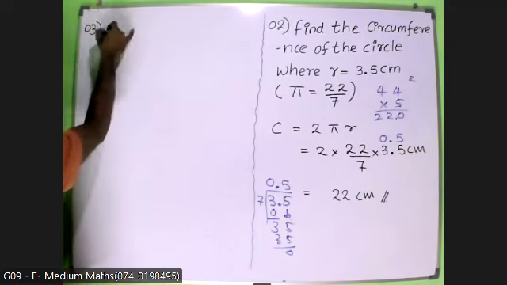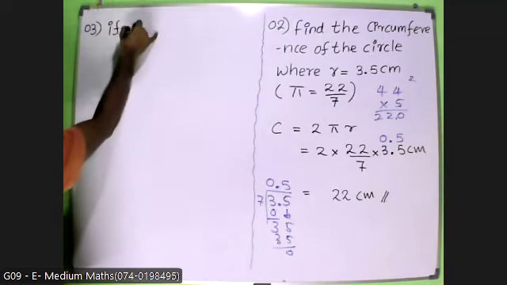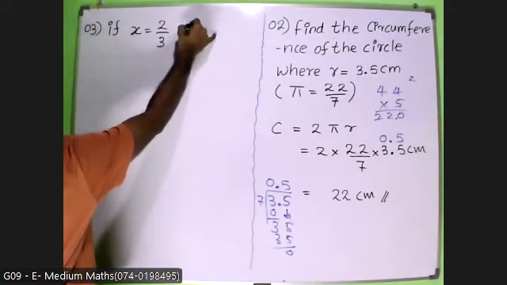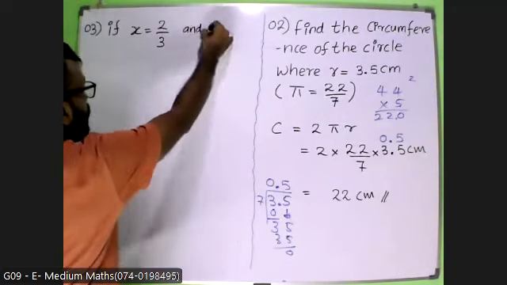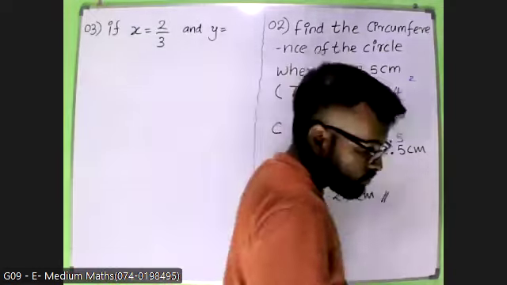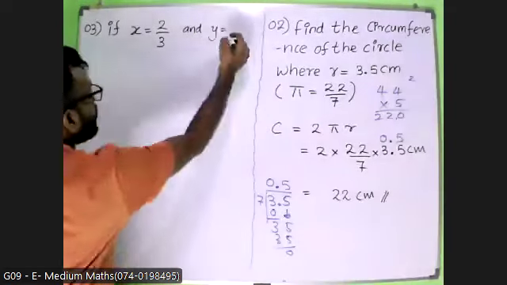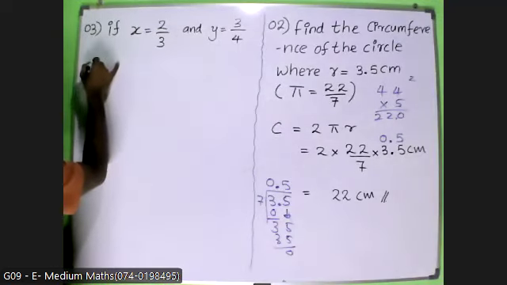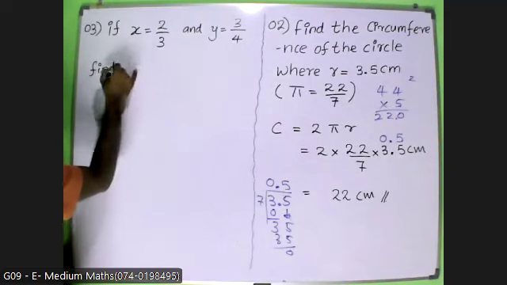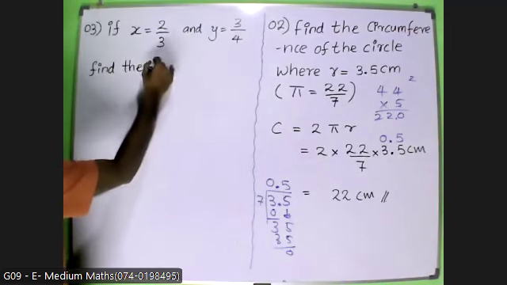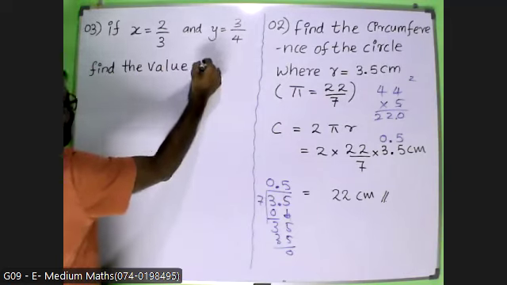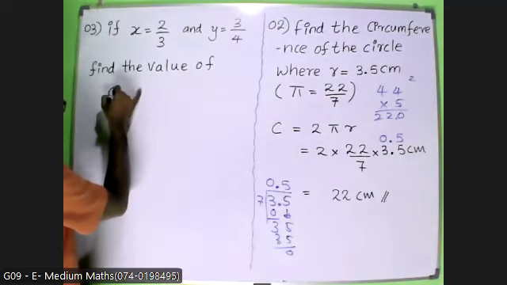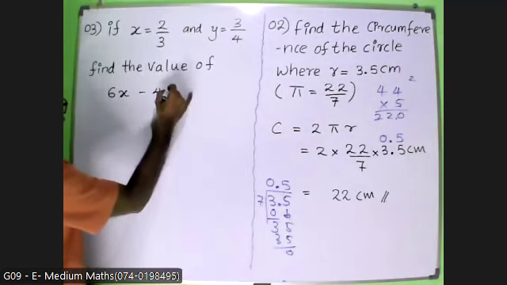Third question. If x equals 2 upon 3 and y equals 3 upon 4, find the value of 6x minus 4y.